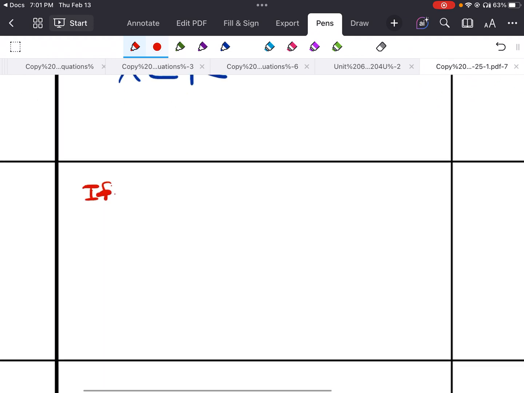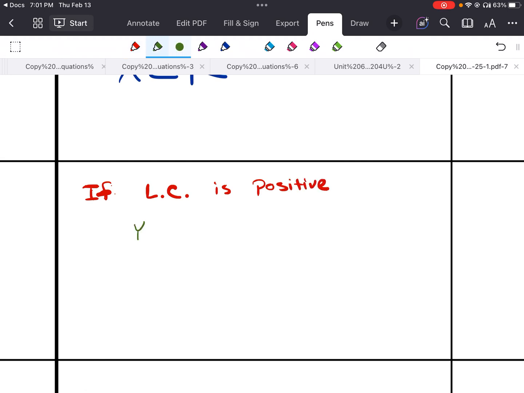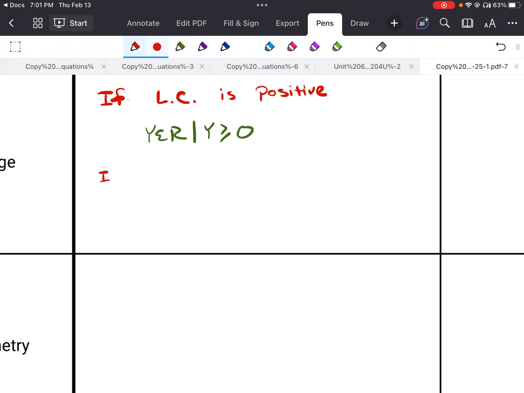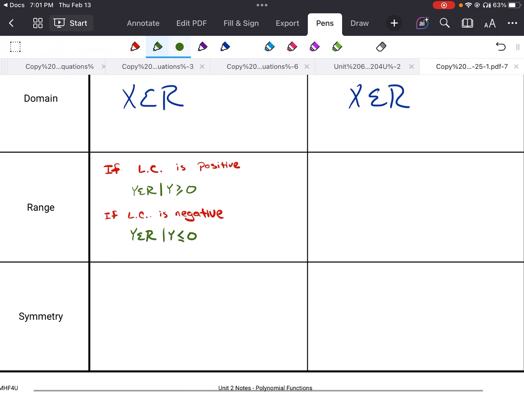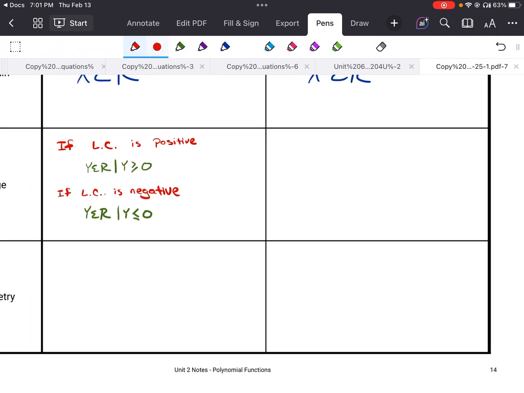If the leading coefficient is positive, it's y ∈ ℝ, where y's are greater than 0. If the leading coefficient is negative, it's y is equivalent to all real numbers, but y must be less than 0.